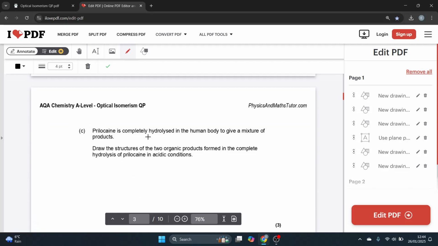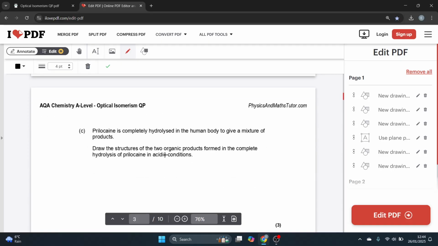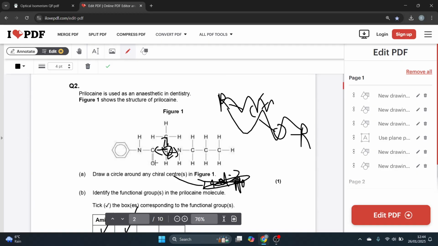Part C, draw the structures of two organic products formed from complete hydrolysis of this in acidic conditions. So what I have to do is cut off the link. So the link really is here. I've got this molecule and I've got this.